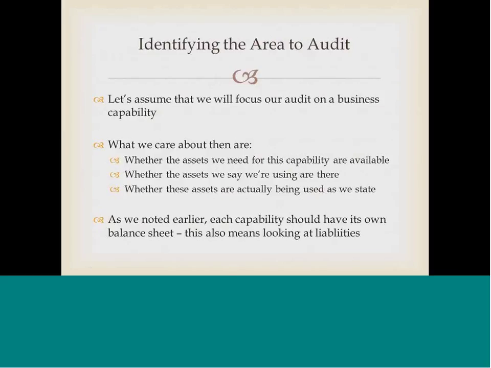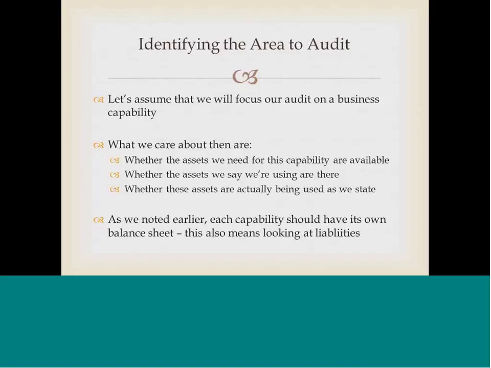Now, thinking back to what it is that we're auditing in terms of intellectual capital, we're looking at the assets that Andreessen discussed in his model. So what we care about in this context is whether the assets we need to support that capability are available, or whether we have gaps, whether the assets we say we're using are there, and whether or not they're being used as we state that they're being used.